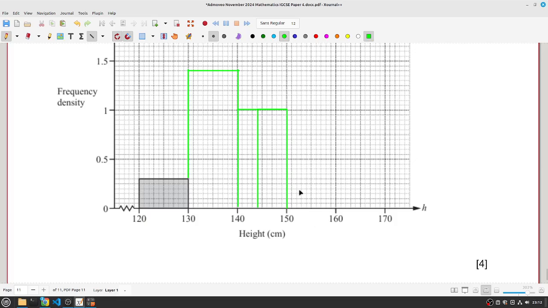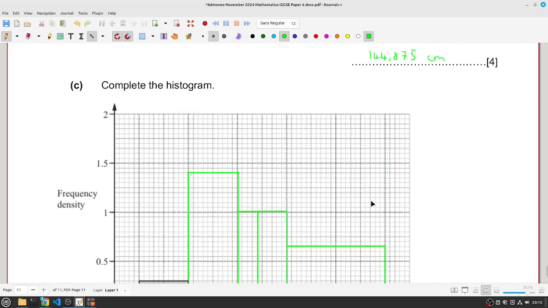So the third one goes up to 0.65, all the way to 170. And there is our histogram.